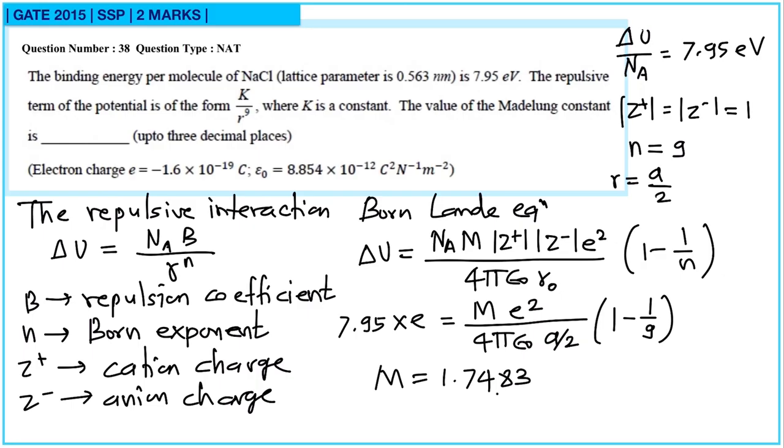Up to 3 decimal places we have to write. So this will be 1.748. 1.748 will be the answer.